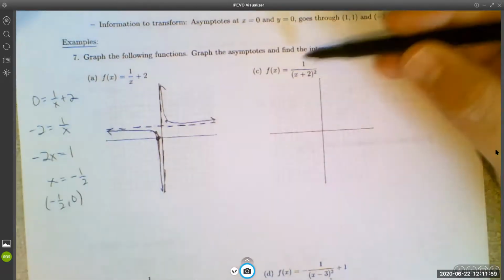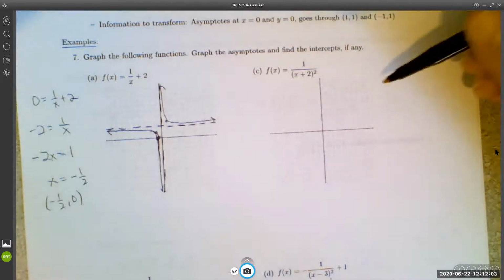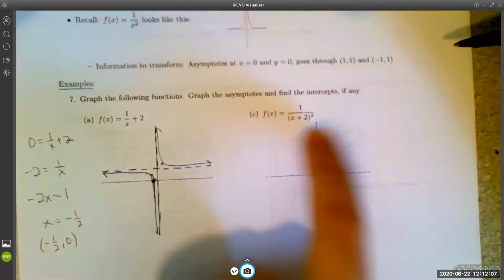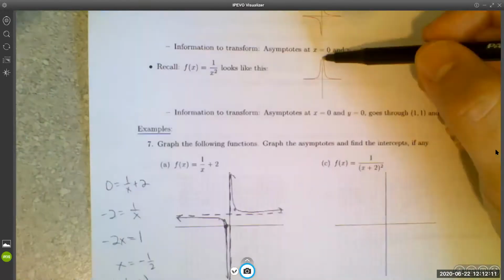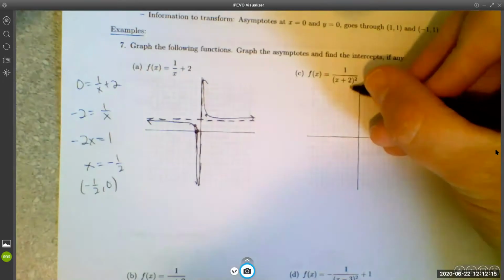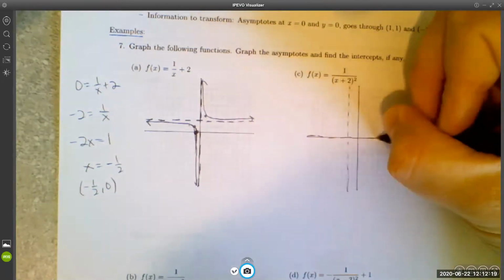Let's do 1 over x plus 2 squared. So again, contrasting that with part B, 1 over x plus 2, now we've got 1 over x plus 2 squared. Well, it's going to do the same thing. It's going to take 1 over x squared, and it's going to shift it left 2 units. So we're going to have a vertical asymptote there. We're still going to have a horizontal asymptote at 0.